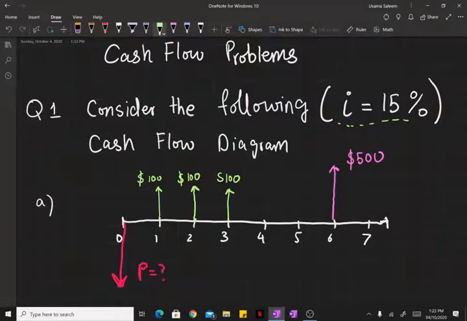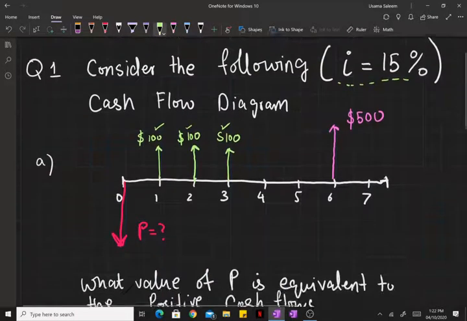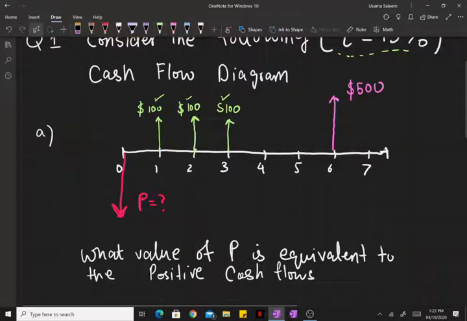So, we have three annuities, three uniform payments of $100 and a payment of $500 at year 6. Okay. And we want to find the value of P being a negative payment, a deposit that will be equivalent to all these positive cash flows or these amounts that are being withdrawn.